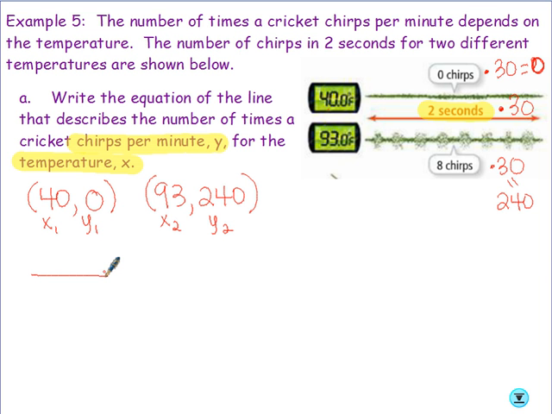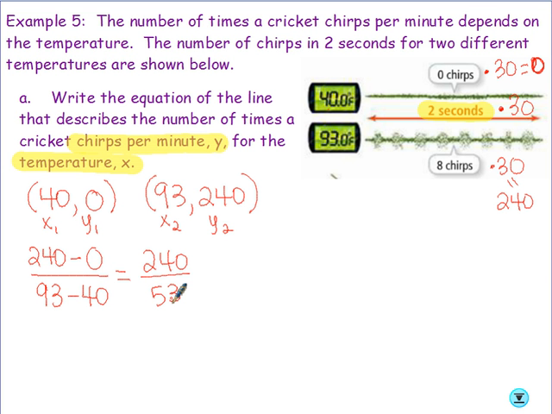Formula, y2 is 240 minus y1 is 0. In the denominator, x2 is 93 minus x1 is 40. Number crunching, 240, take away 0 is still 240, and 93, take away 40 is 53.